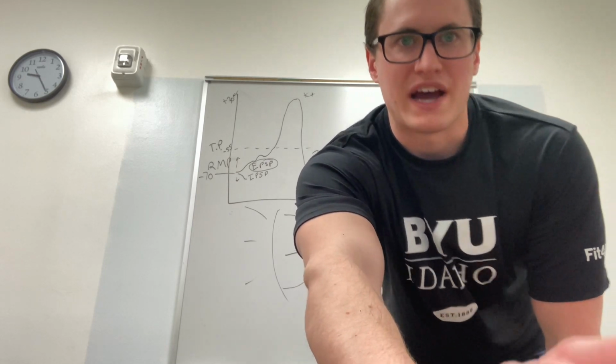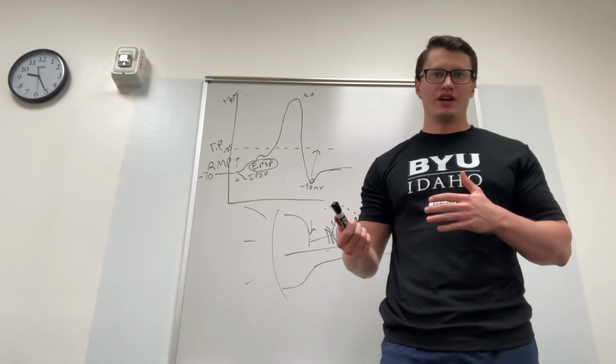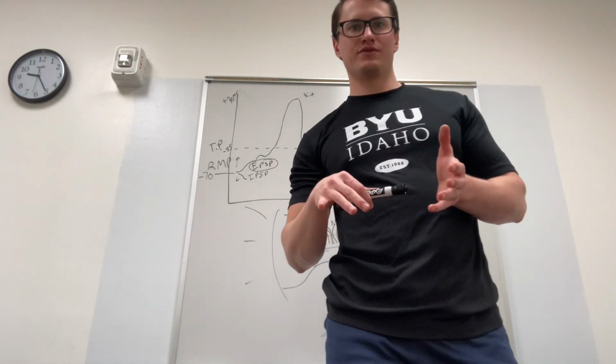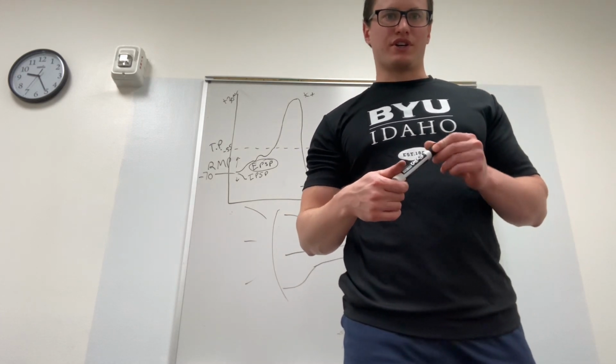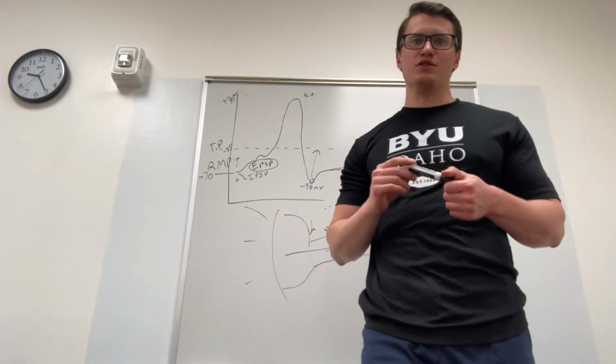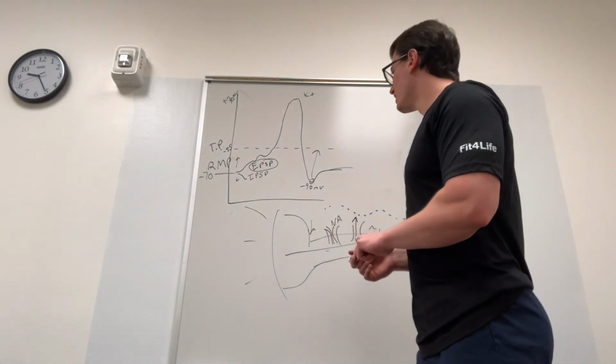And then capacitance is how we determine the charge separated per volt. And we have time constant. Time constant is how long it takes to depolarize a section of a membrane.